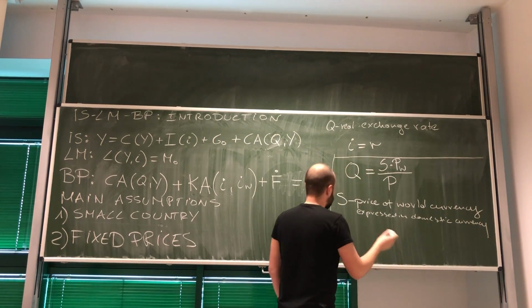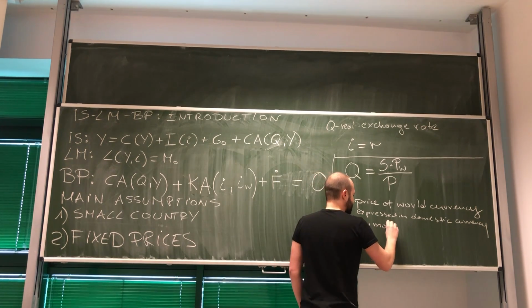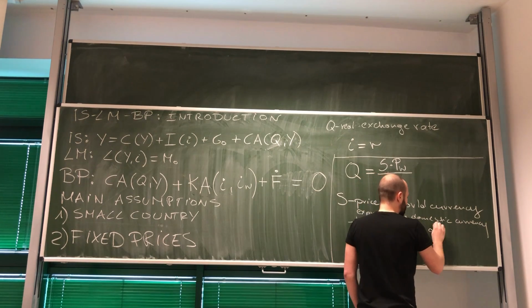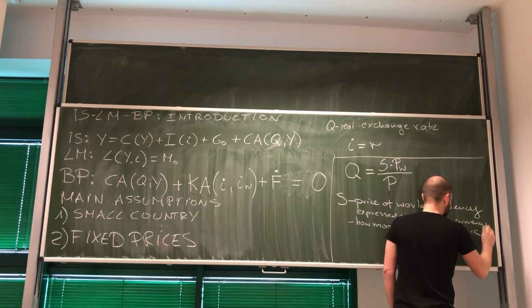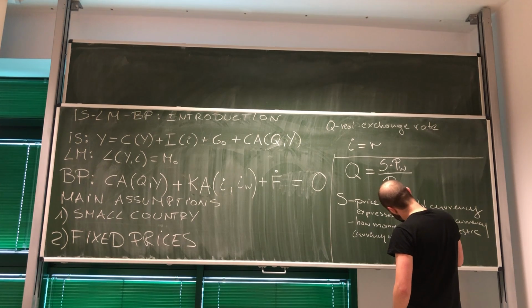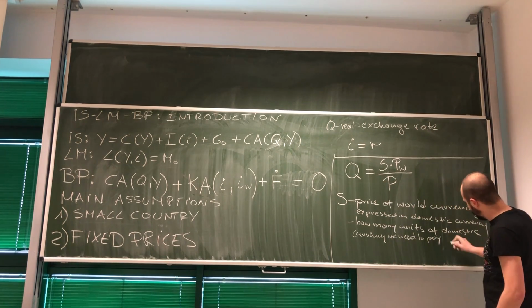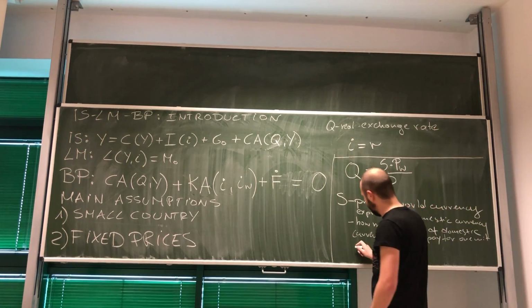Right? So, in other words, how many units of domestic currency we need to pay for 1 unit of foreign currency, of world currency.